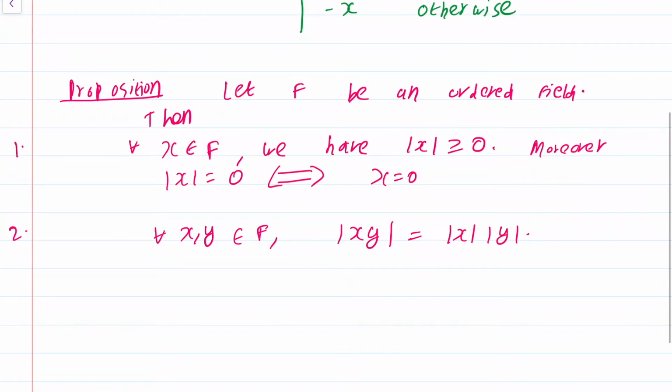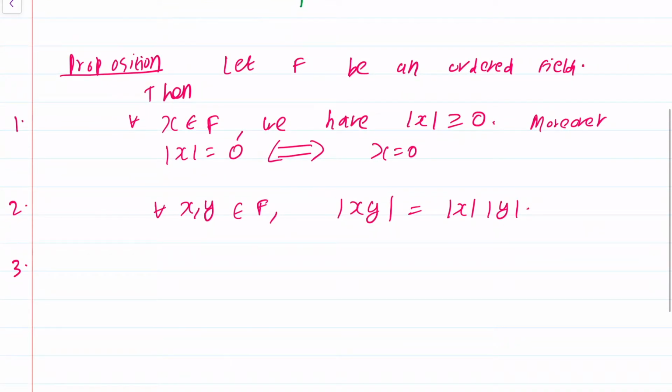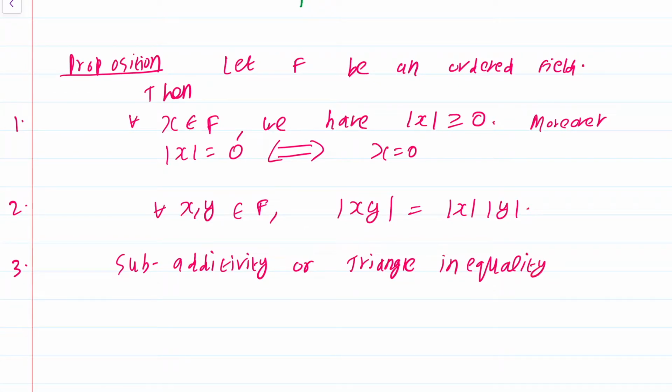Number 3, this is the most important, subadditivity or triangle inequality. The name triangle inequality comes from the fact that the sum of two sides of a triangle is at least as large as the third side.